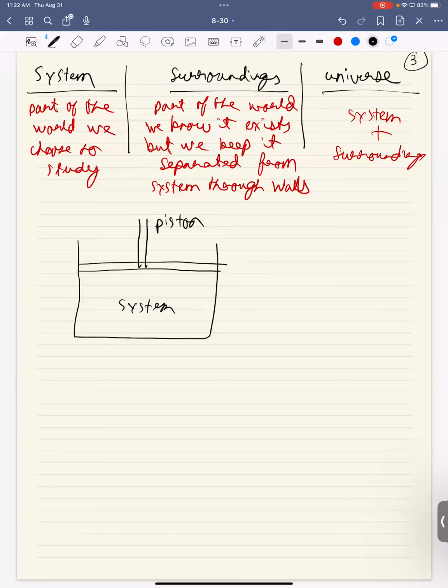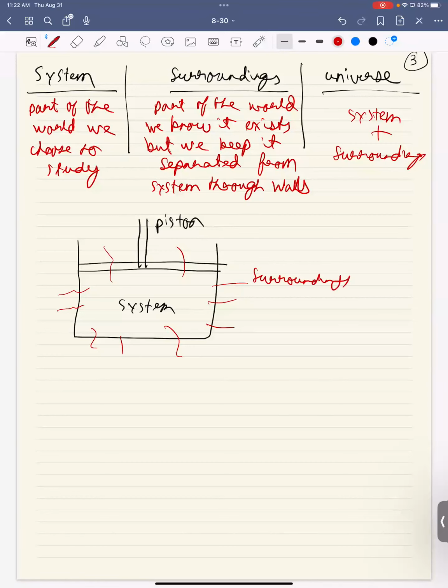But when thermodynamics started 200, 300 years ago, people were interested in steam engines and things like that, right? So they would compress a lot of things and make energy out of it. So most of the examples are from these piston type examples. We have a piston compressing a system, and the whole thing is maybe exchanging energy, or maybe not, with its surroundings.